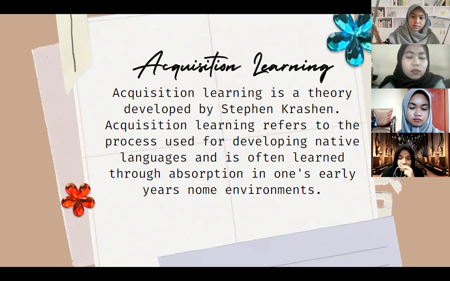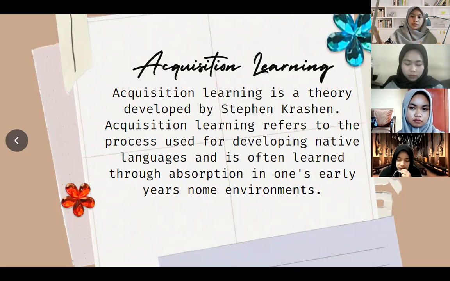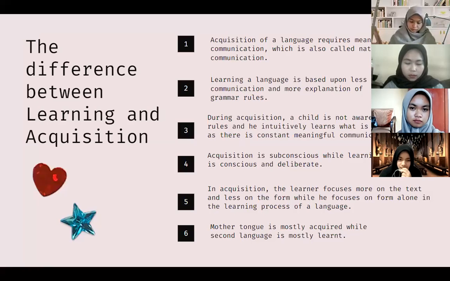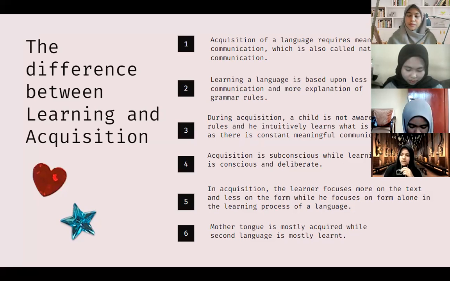Okay, thank you Nadia for the explanation. So next will be explained by Nurra. Thank you, Sherina. Here, I will explain about the difference between learning and acquisition. The first one is acquisition of language requires meaningful communication, which is also called natural communication.